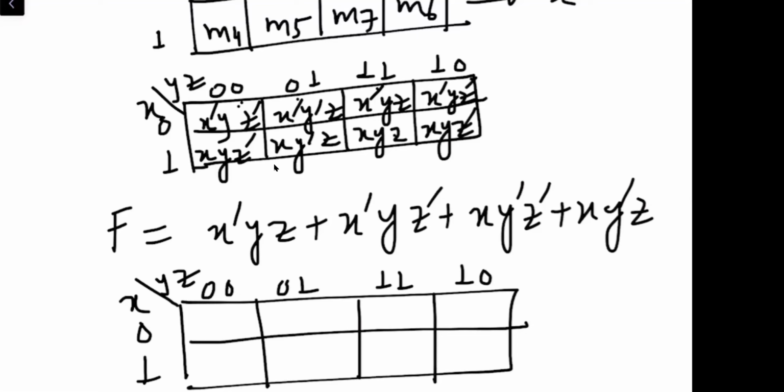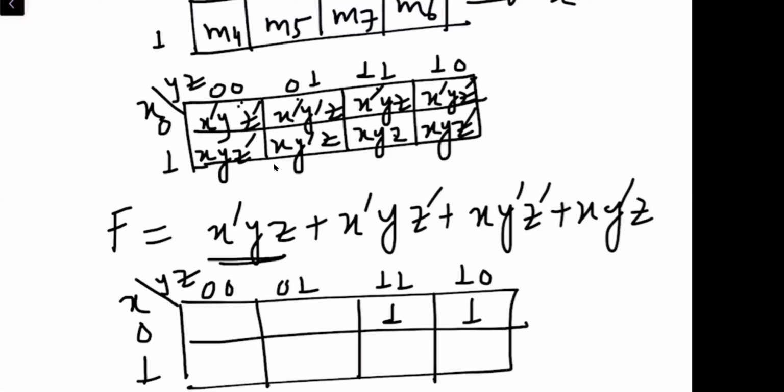So this is representing which minterm? Anybody? M of 3. We will label m of 3 over here, right? Then x complement, y and z complement, which is m of 2, right?